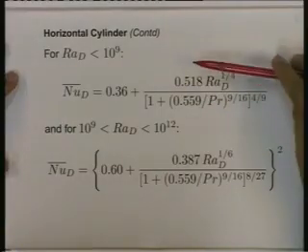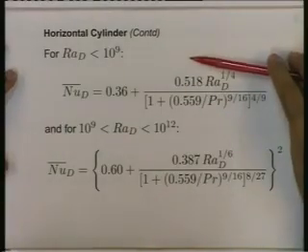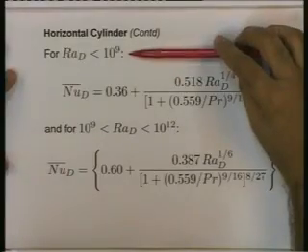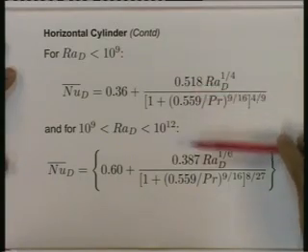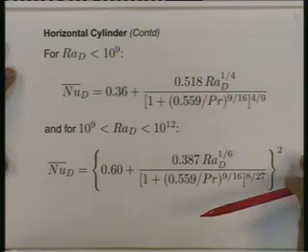There are two ranges of Rayleigh number, one up to 10 raised to 9 and one from 10 raised to 9 to 10 raised to 12, and you have two different expressions for Nusselt number.